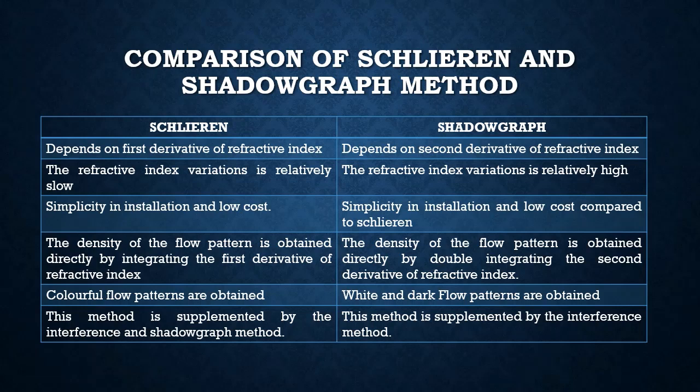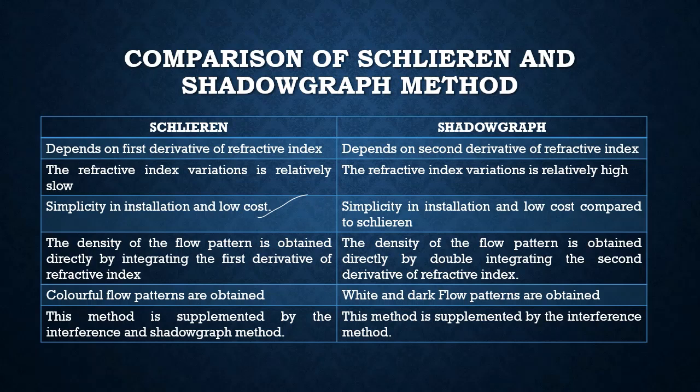Since it is relatively high, the images where the high density occurrences are very maximum may not be said to be accurate readings in the shadowgraph technique, but in the Schlieren technique the refractive index variation is relatively slow. So since it is very slow, we could find the density variation in simple form, but here density variation is very difficult to calculate for shadowgraph, and then it is very simple to install.